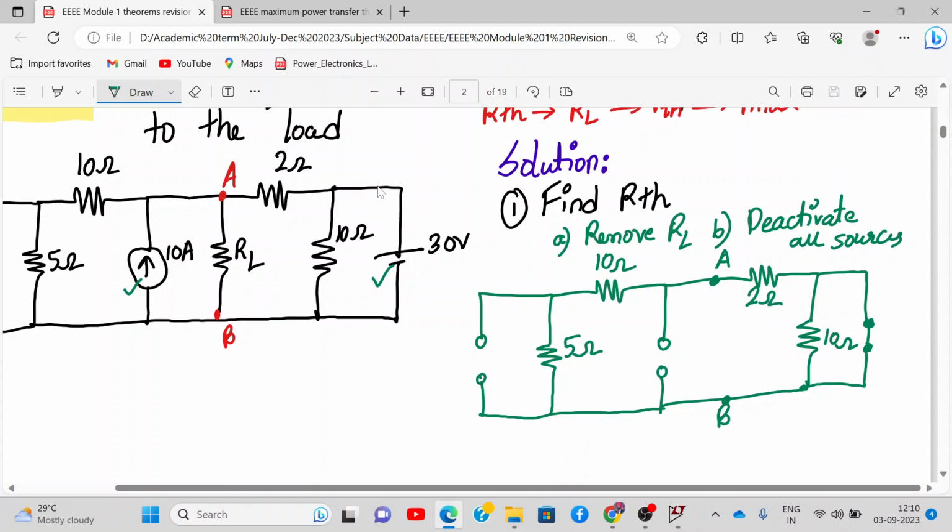So 1 minute. Okay. So to find RTH, we remove RL and we deactivate all the sources. When you are done, please let me know. Yes, sir, done. Okay. Now, tell me what happens to this 10 ohm resistance. It's parallel to a short. So what happens to it?